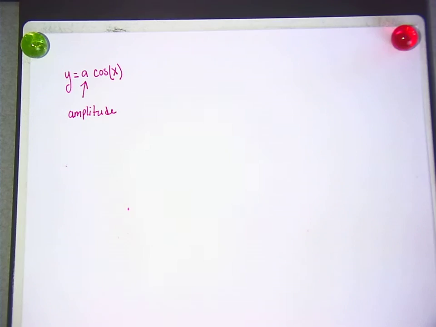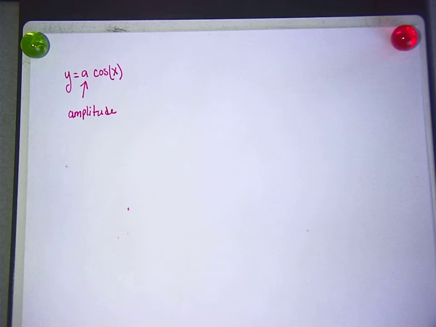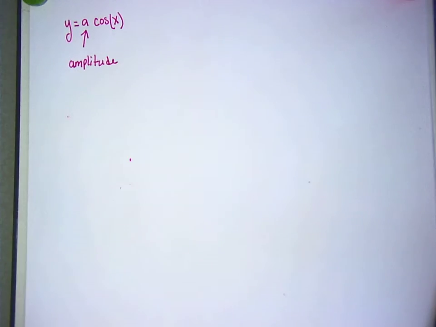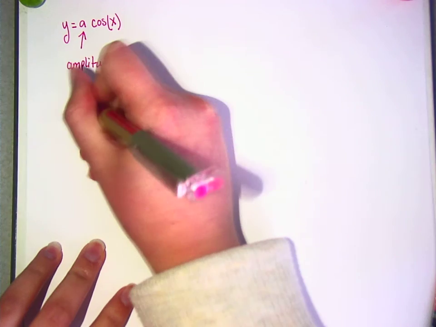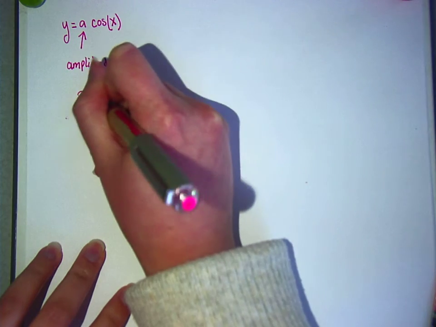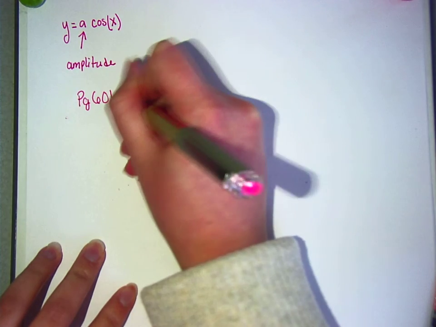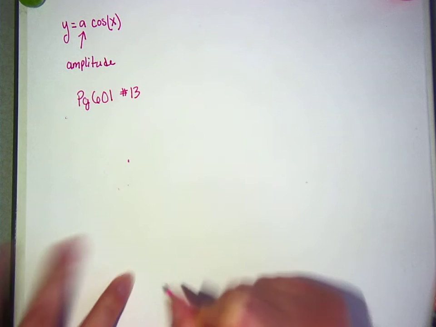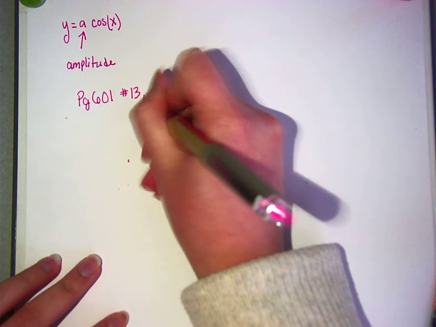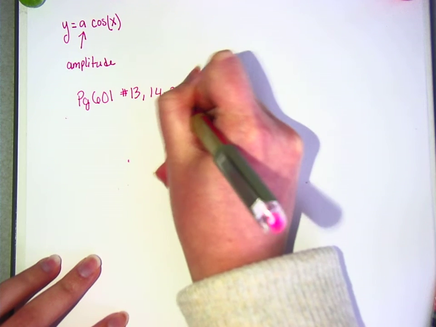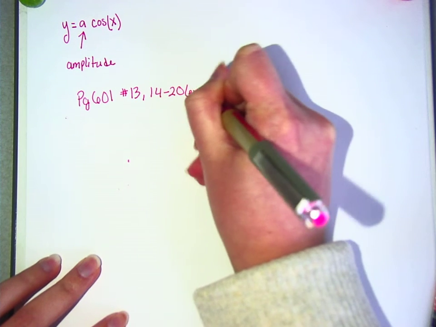In fact, I really hope you're not using your calculator to figure out what these look like. I mean, you can double check your answer on the calculator. That is very true. I guess I should give you the homework assignment before I go into what the first problem is. We're gonna be on page 601, number 13, and then 14 through 20 evens.